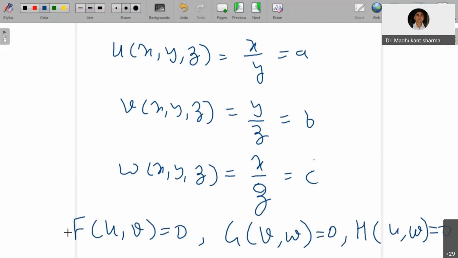You can cross verify that if you work with this or this or this, the associated PDE will be the same.